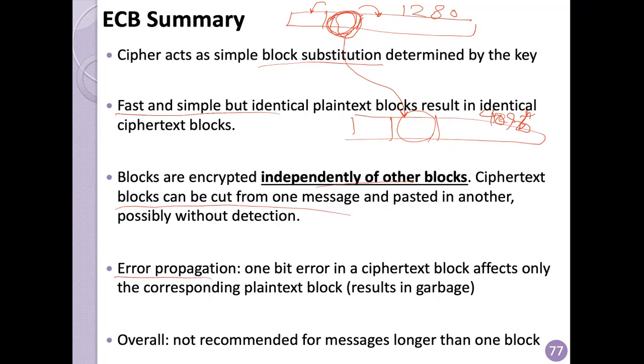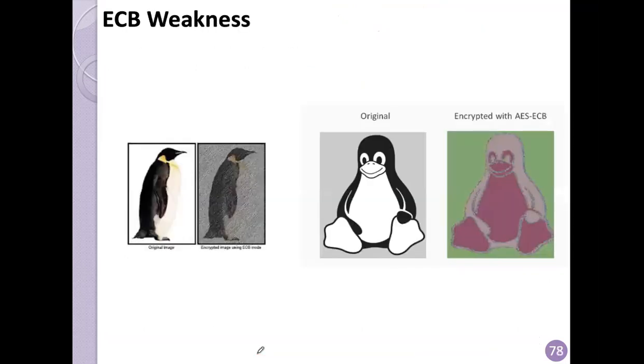I'll talk about error propagation to say what exactly we mean by it. But before that, I'm going to show you some real examples, real data which are being encrypted using ECB mode. And like I said, overall, it's not recommended for messages which are longer than the size of the cipher.